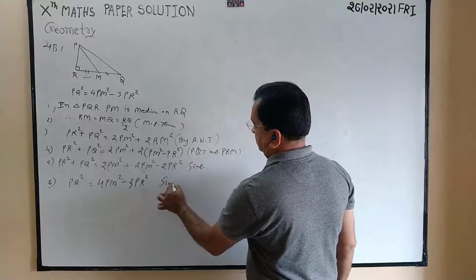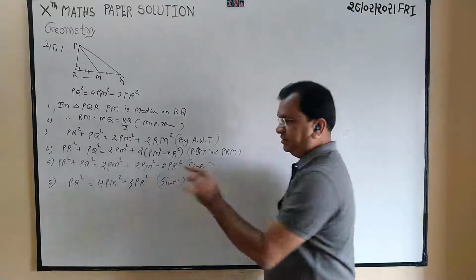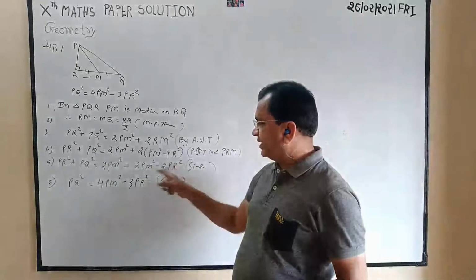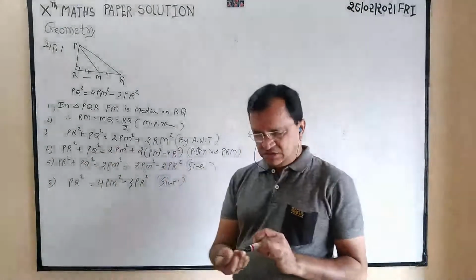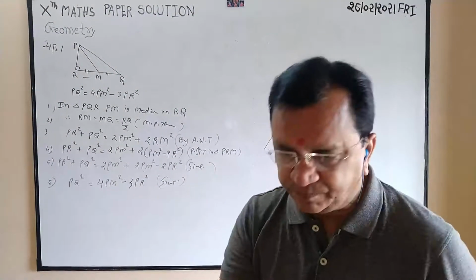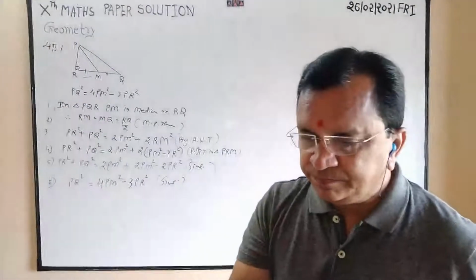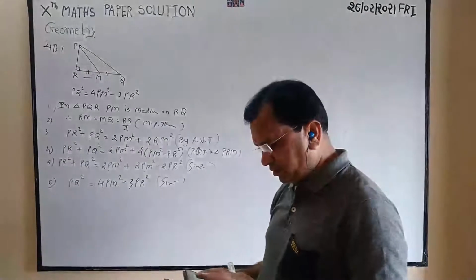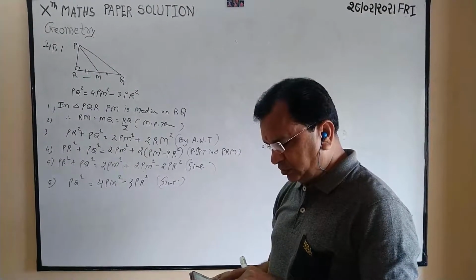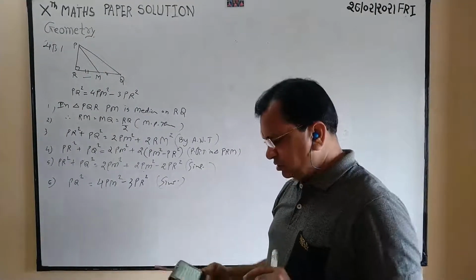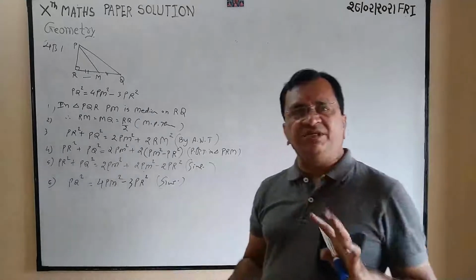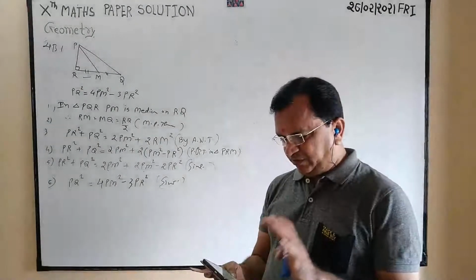Simplify. Just we have to open the bracket, then transfer this and simplify. Then BPT theorem is there, so that I am not solving, that you know.